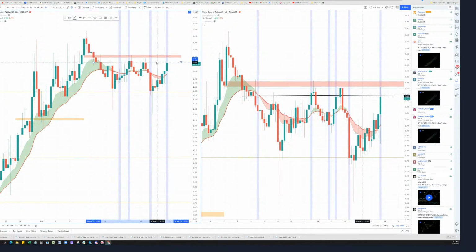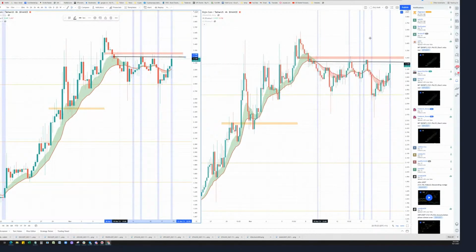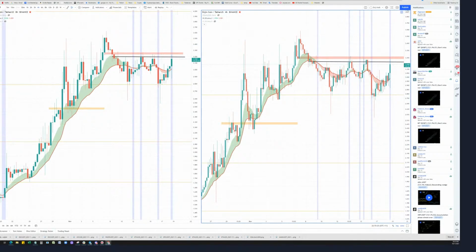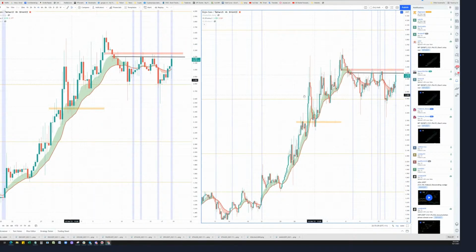So we can definitely see a nice opportunity here for Engine. That is bullish, and definitely an opportunity to jump in if it breaks it.